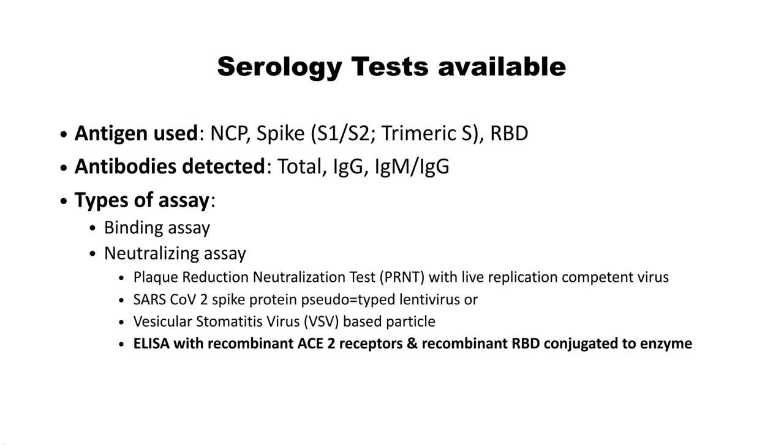The spike protein could be S1, S2, or trimeric, or we could have RBD, the receptor binding domain. Then we could look at total antibodies or IgG, or a mixture of IgG and IgM. And then we could have types of assays, which could be binding antibodies and neutralizing antibodies.